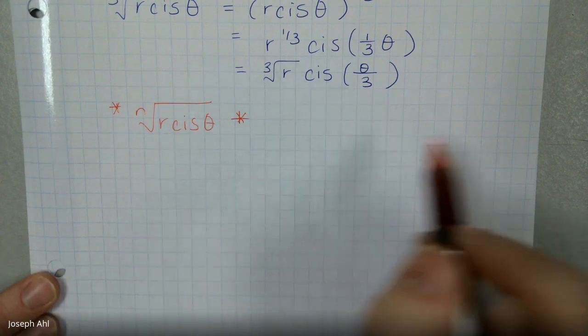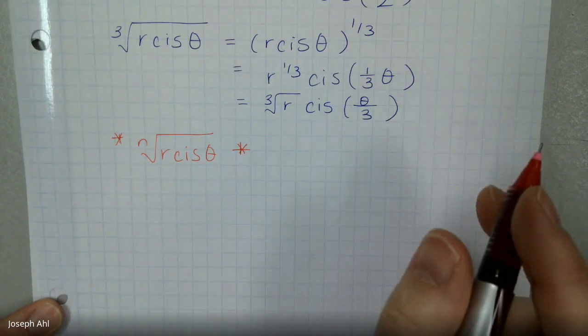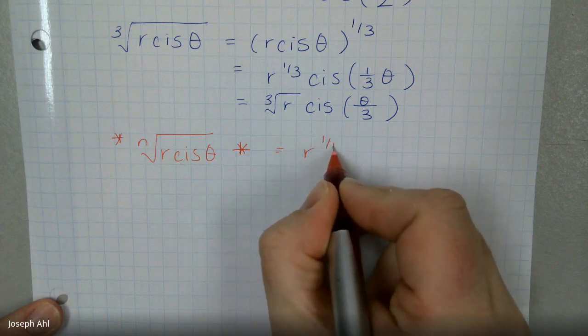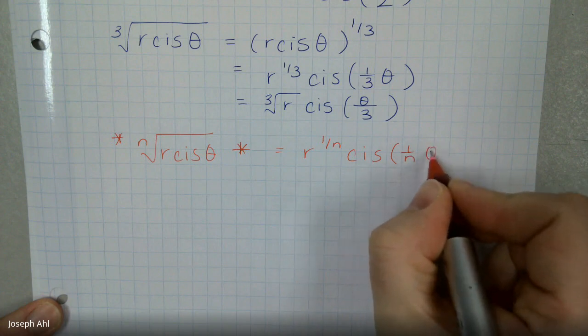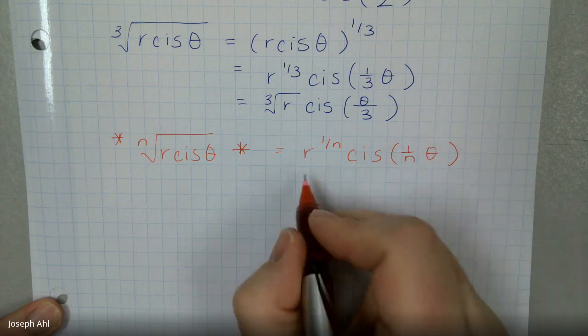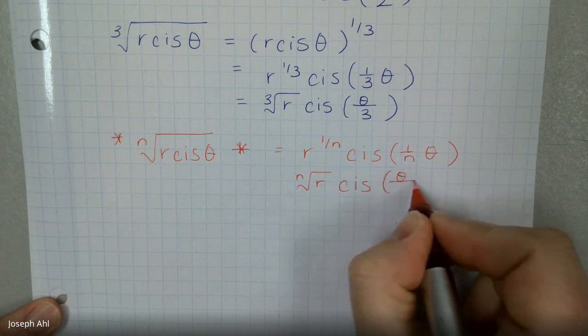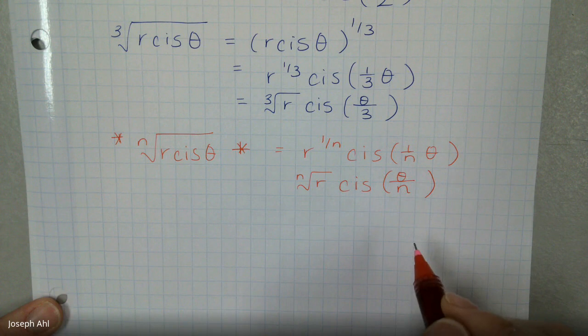You can always translate this over to that fractional exponent, to the 1/n power. The result is that I would just take r to the 1/n power, and then theta would get multiplied by 1/n like this. Or again, the other way is just by doing the nth root of r, and then theta would get divided by whatever n is. So whichever form you like the best, these are equivalent forms.